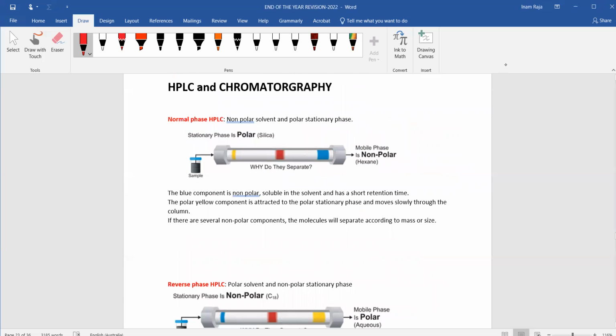Now HPLC is different from normal chromatography. H means high, P means performance or pressure. Because this column is so tightly packed and it is horizontal, we need a pump here to push the solvent.